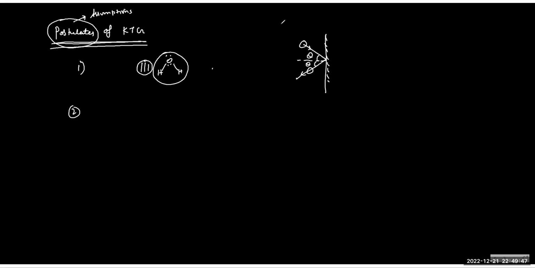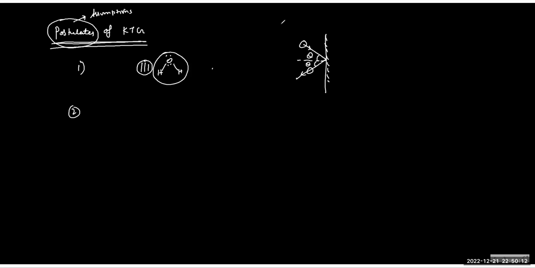When a container of gas is moving as a whole, as a system with velocity v, and the total mass is capital M, ignore the mass of the container, capital M is the total mass of the gas. So what is the total kinetic energy of this system?